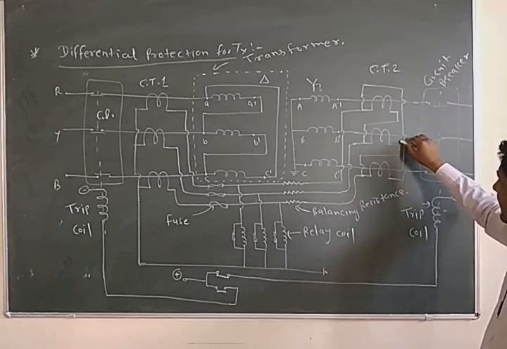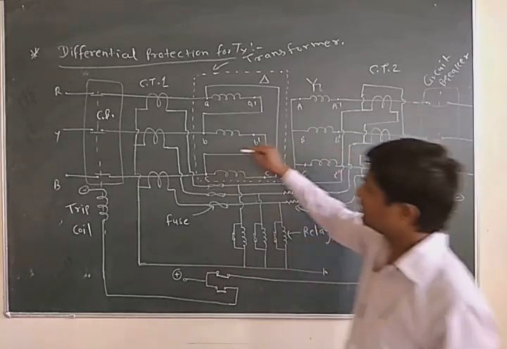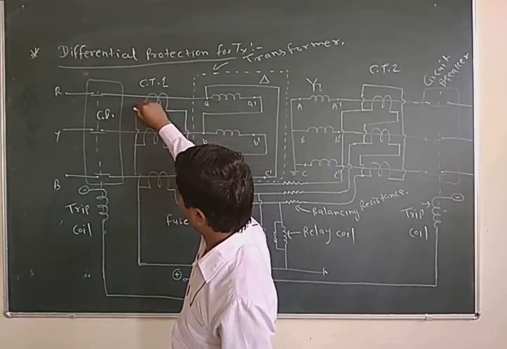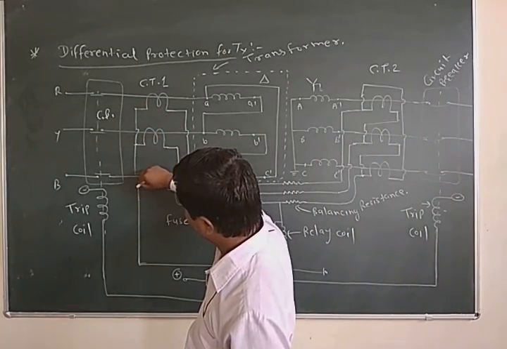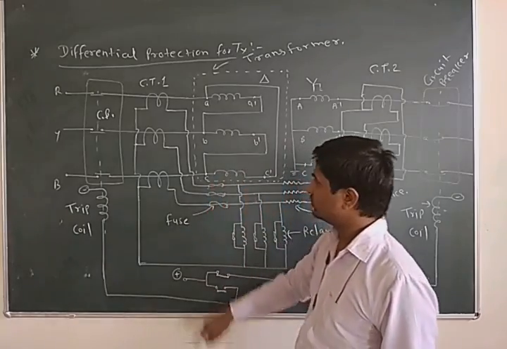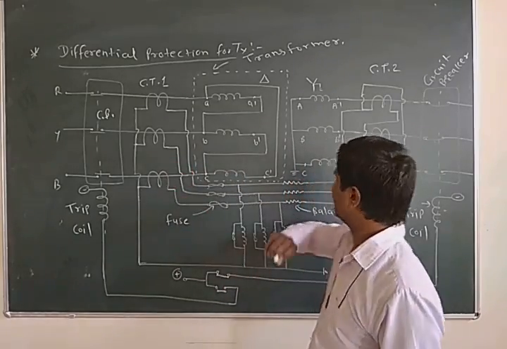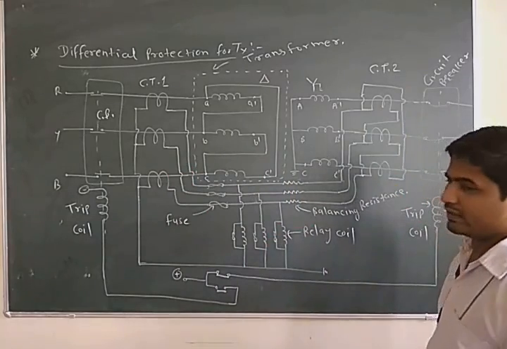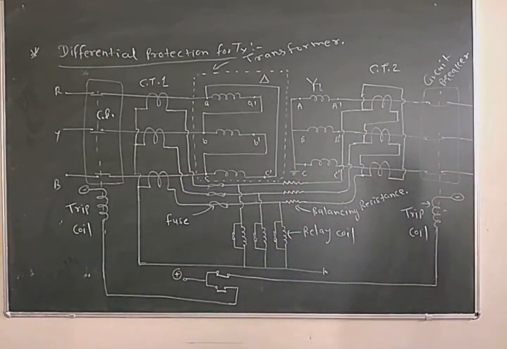So this is delta connection and this is star connection. Here one point of all the CTs is common. This is star connected CT and this is delta connected CT.